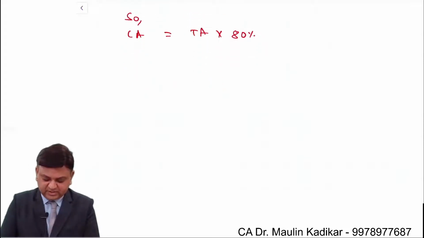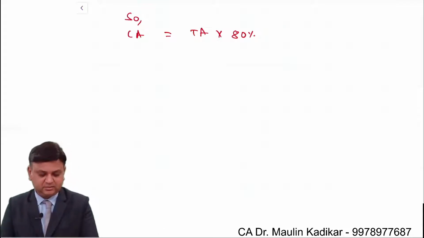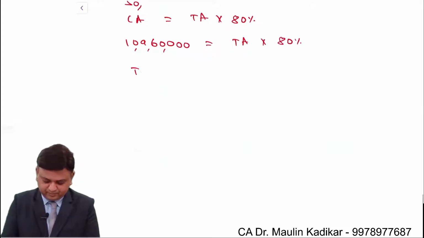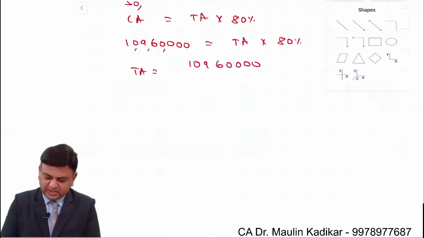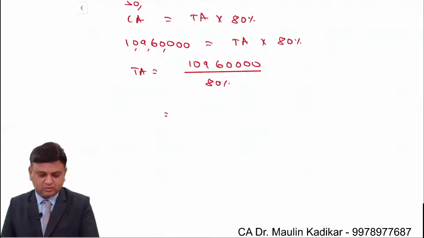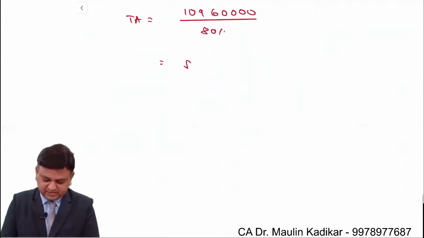We have the current assets value, 1,09,60,000, which is equal to total assets into 80%. So the total assets is 1,09,60,000 upon 80%, which comes to 137 lakhs.